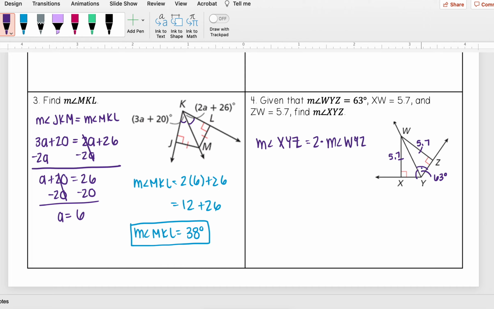And again, that's because WYZ is equal to XYW. Well, we know that the angle WYZ is equal to 63 degrees. So I have 2 times 63. And so we get that the measure of angle XYZ is equal to 63 times 2, which is 126.